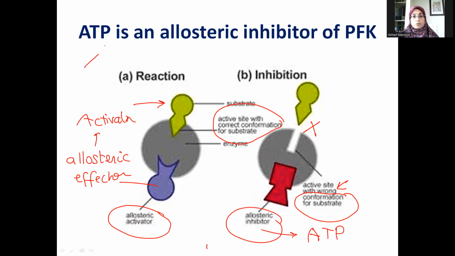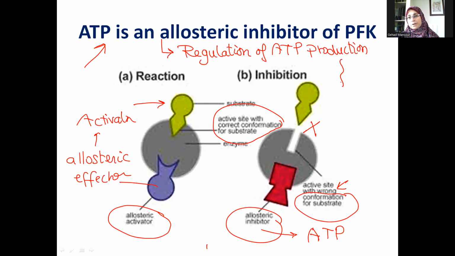And this is the concept that is delivered by this slide, that ATP is the perfect allosteric inhibitor for phosphofructokinase, and that the result of this is regulation of ATP production by the cell, and the regulation of ATP production by the cell results, of course, in homeostasis.